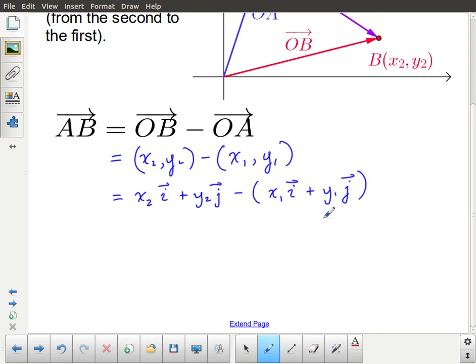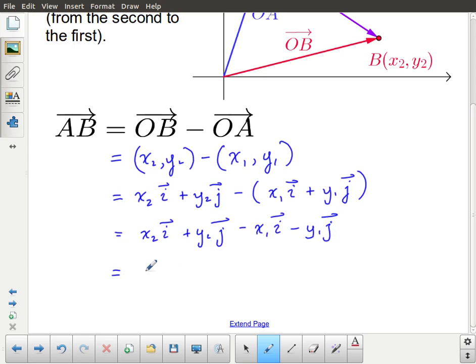And you can easily make a mistake here. So now I end up with x2 times i plus y2 times j minus x1 times i minus y1 times j.